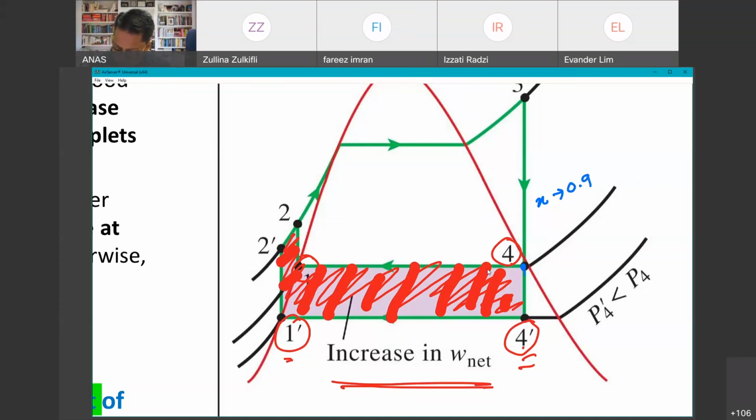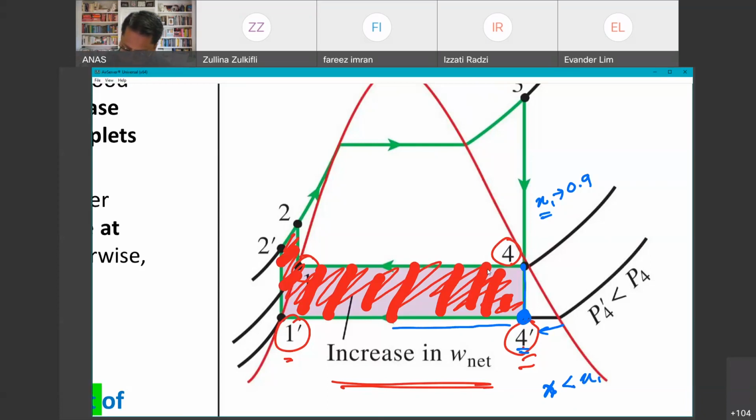Now, when you lower the pressure, meaning you push the line down to 4 prime, you see that your new location, the exit of the turbine, is now going further away from the saturated vapor line. So your X value here must be very, very low compared to X1.